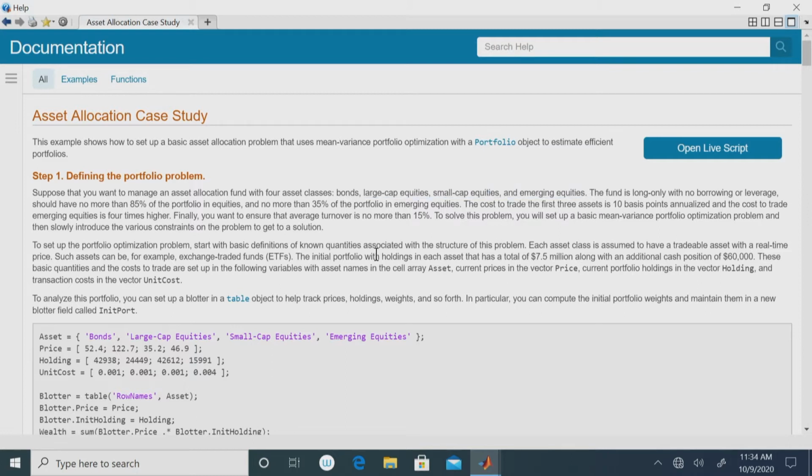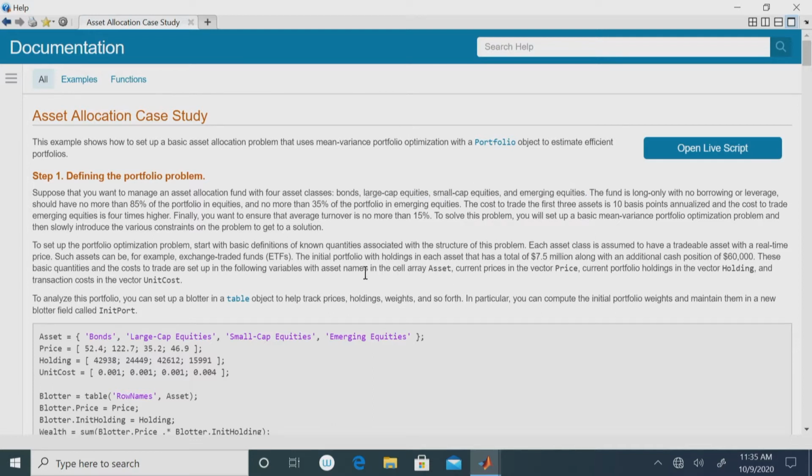Now, once we have decided that we are going to invest in these 4 asset classes, the constraint is that the fund is going to be long only. So, that means you cannot take a short position as far as the equity component is concerned. That means your weights cannot be negative, and there can also be no borrowing or leverage. So, no usage of borrowed money is allowed, in case of both the bond and the 3 classes of equities.